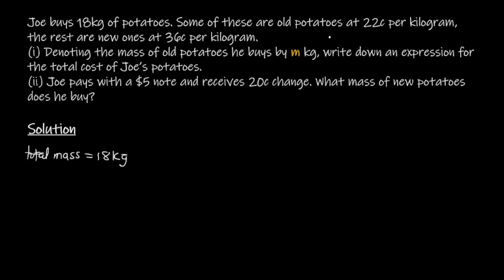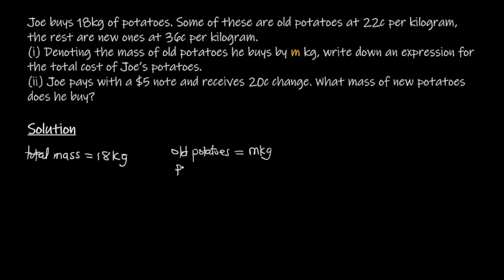Now we're told that some of these potatoes are old and they were sold at 22 cents per kilogram, and then the new ones at 36 cents per kilogram. We were also told to denote the old potatoes by m kilograms. So it means old potatoes in terms of mass is equal to m kilograms.